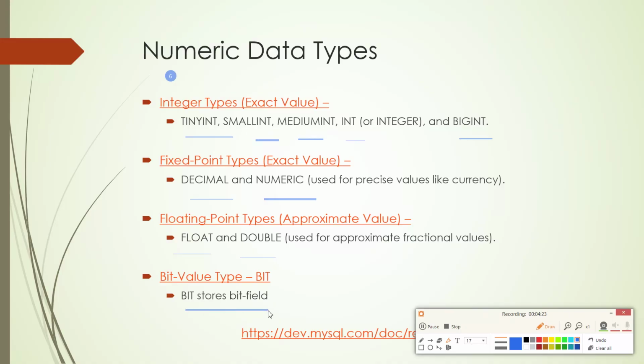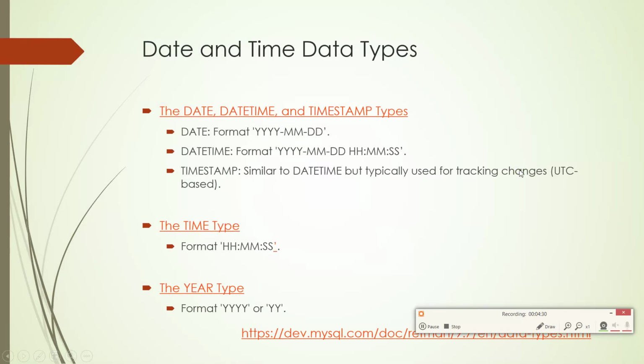For date and time we have date, date and time, and timestamps, and we have other formats like time and year, and these are the representations of how data will be stored.